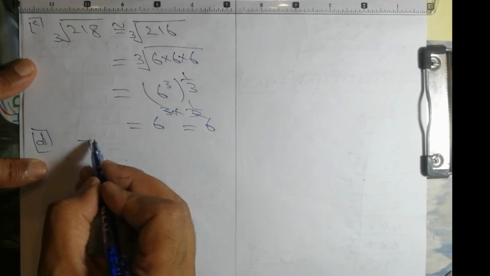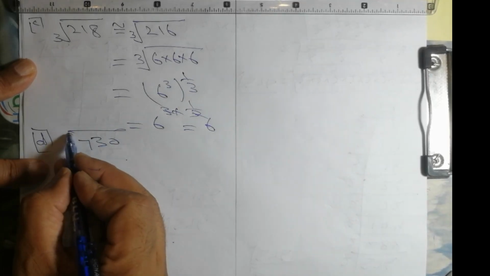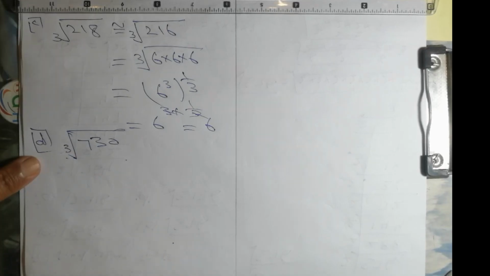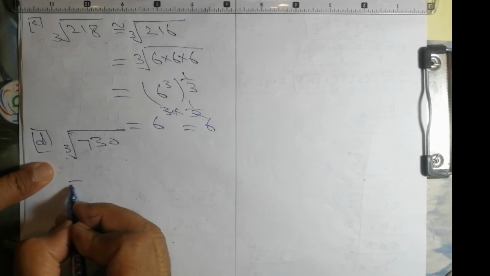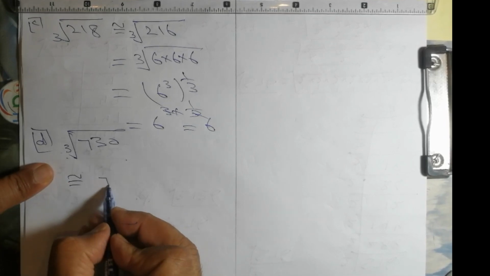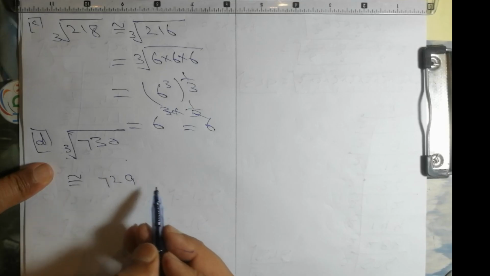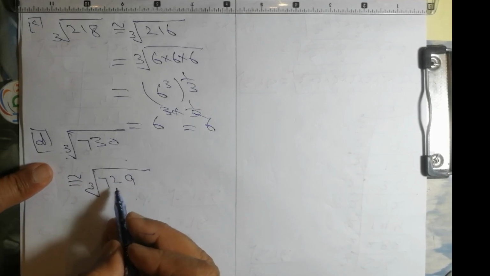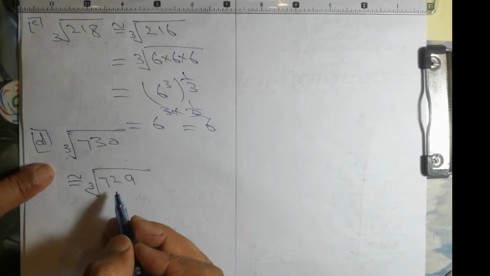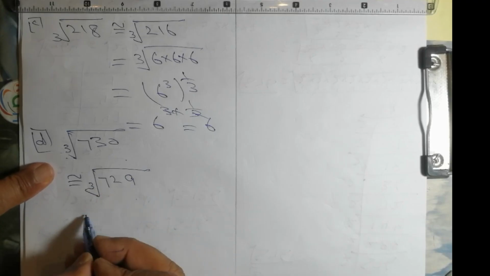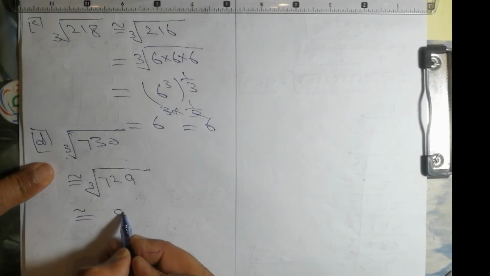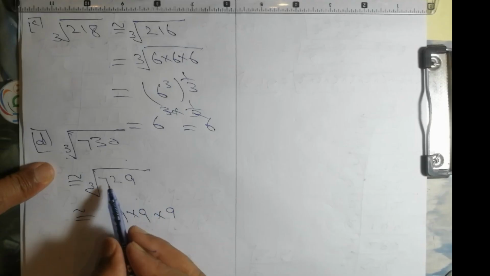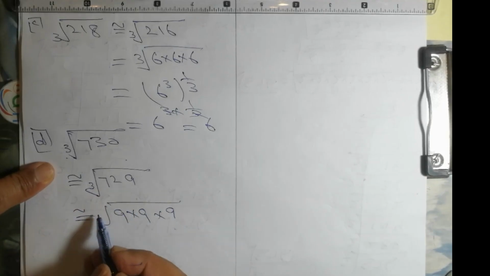And part D, 730 cube root. So we can write that is approximately equal to 729 cube root, because 729, we know that if we multiply 9 3 times, that is equal to 9 into 9 into 9, that is equal to 729 cube root.